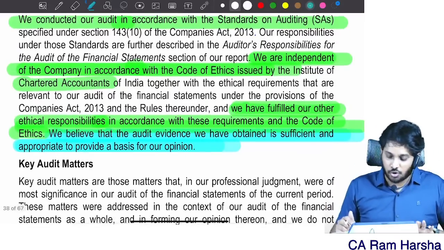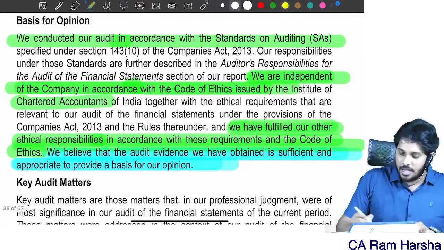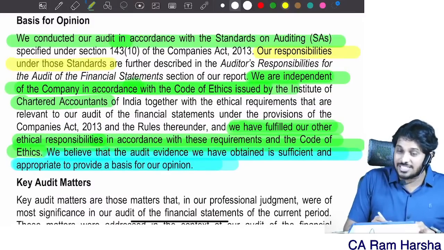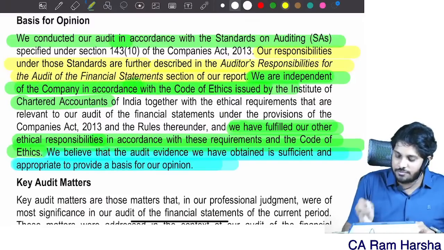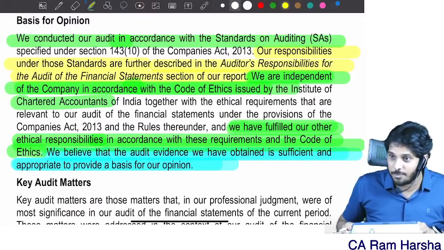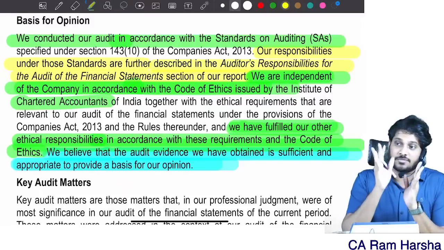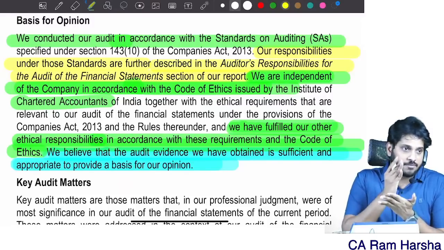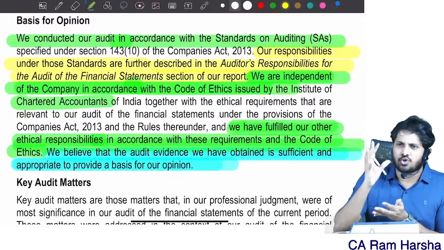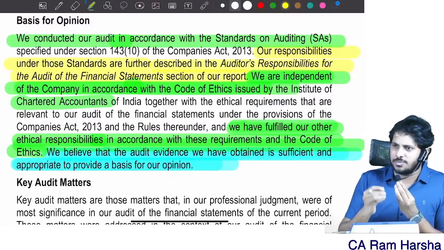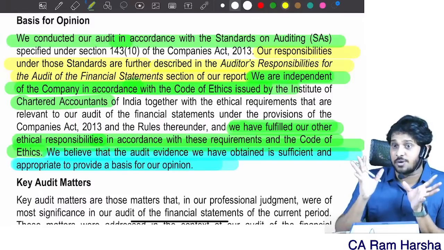That's it. And in this, you see, one more: our responsibilities under those standards are further described in the auditor responsibilities for audit of financial statements section of our report. In basis for opinion, first we started with the sentence: we conducted our audit as per standards on auditing. Under those standards, we have so many responsibilities, as each and every standard has some responsibility, right?